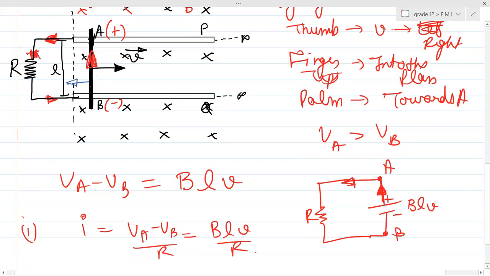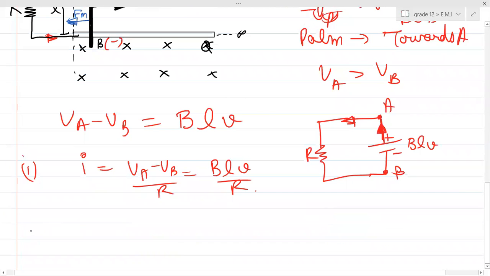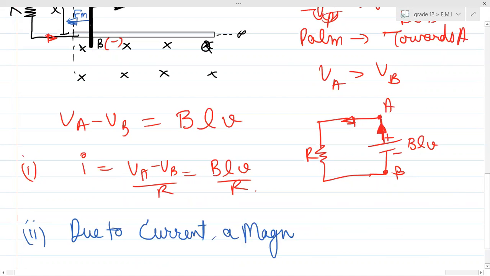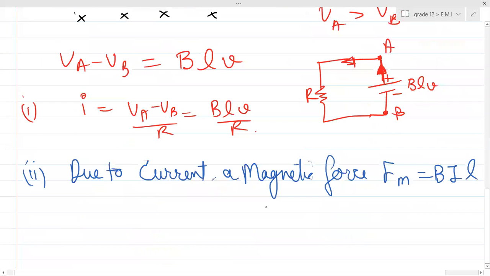So there will be a magnetic force acting in this direction due to the current, a magnetic force Fm, which is equal to B into I into L, is applied on the connector.